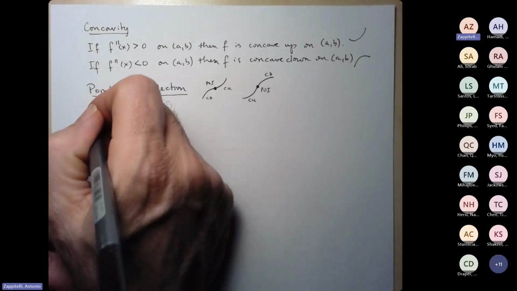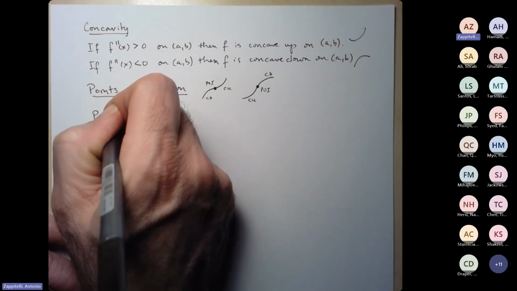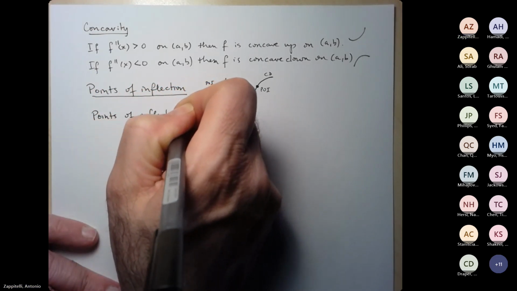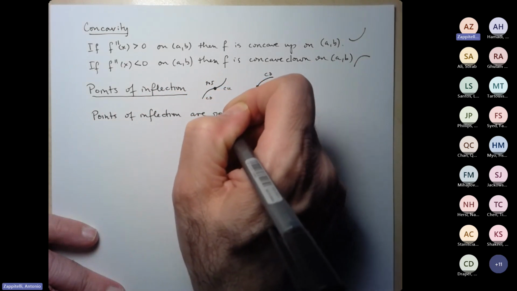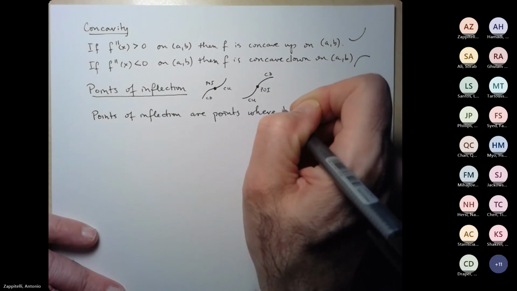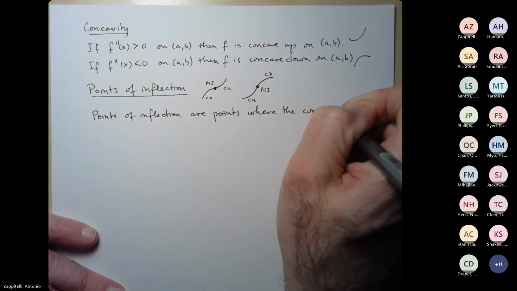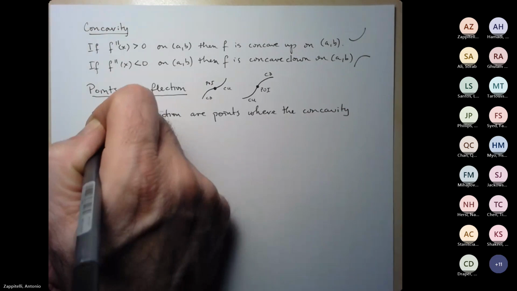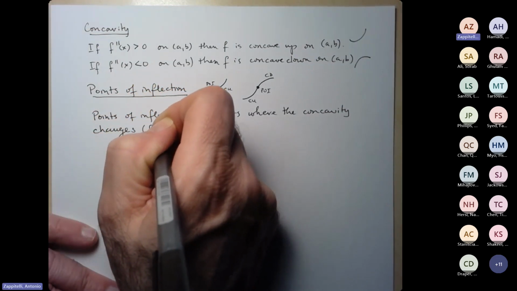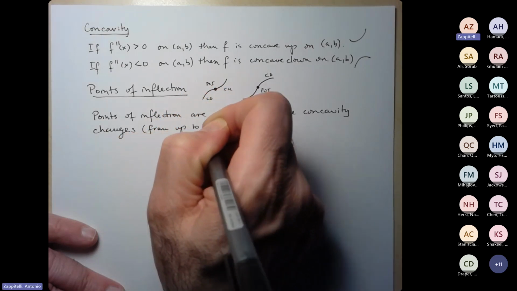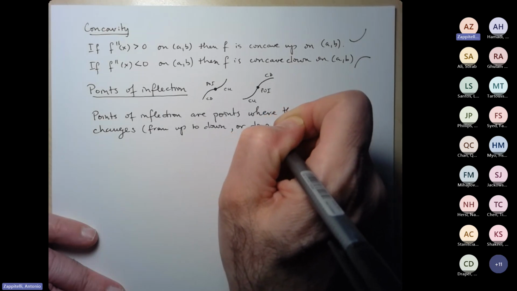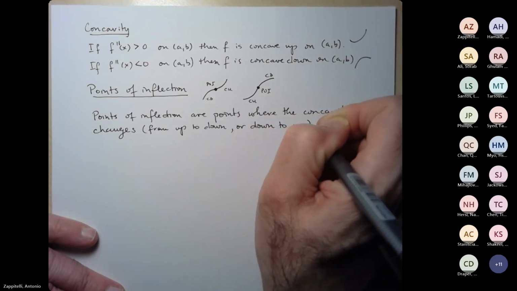Okay. So points of inflection are points where the concavity changes. Okay, and it could be from up to down or down to up.